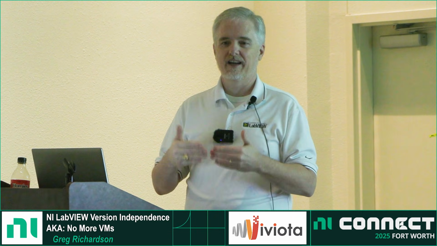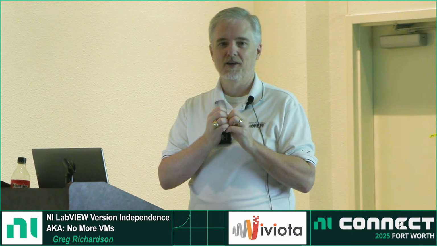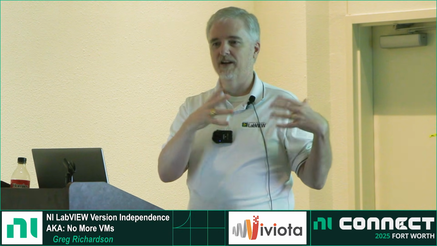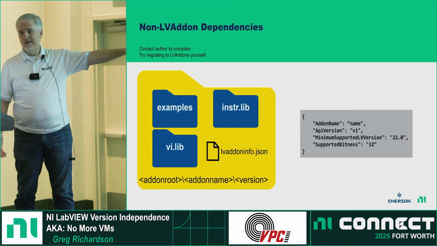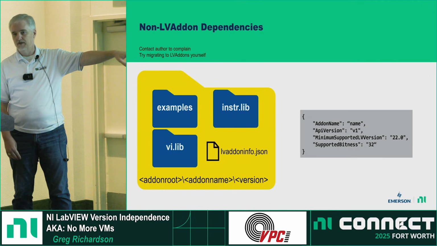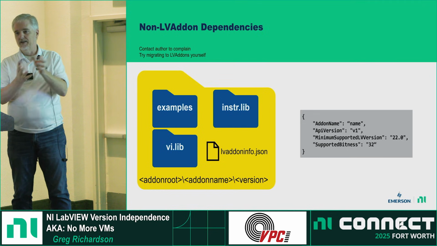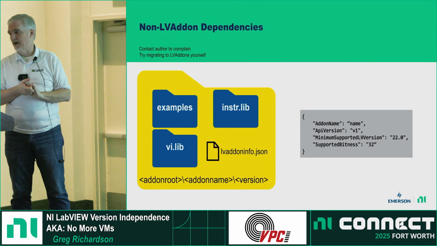But what it involves is identifying which files that add-on installed into your LabVIEW directory, and then you pulling them out and wrapping them into an LV add-on. And all that takes is, again, identify the files, create some add-on name inside your LV add-ons directory, give it a version directory, and then inside that, you just put all those files that you got out of the LabVIEW directory.